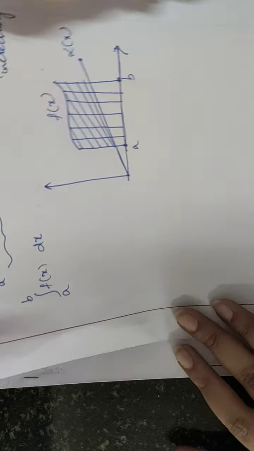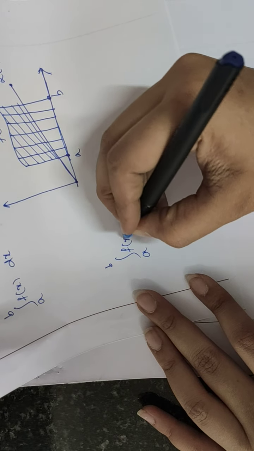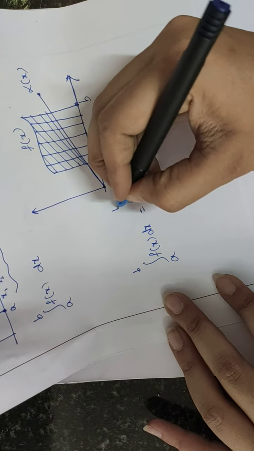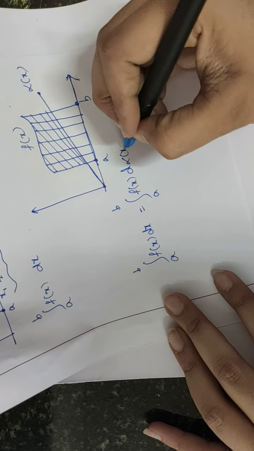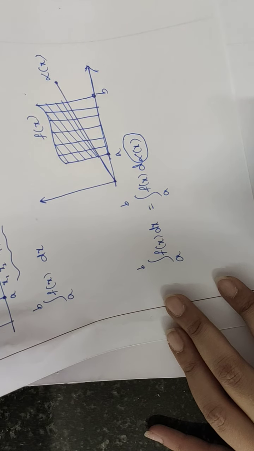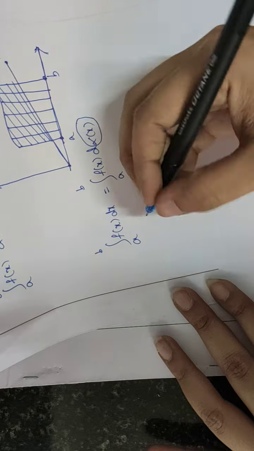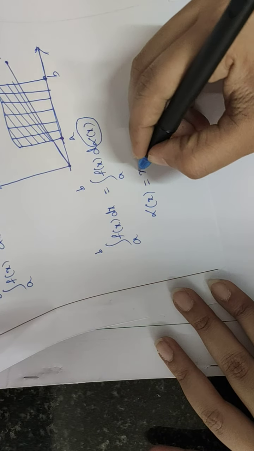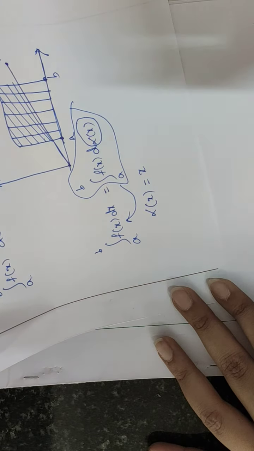Okay, that means I can represent that as integral over a to b f of x dx will be integral over a to b f of x d alpha of x. This alpha of x is nothing but your monotonically increasing function. In this Riemann-Stieltjes integral, if the function alpha x is x, then this will reduce to your Riemann integral.